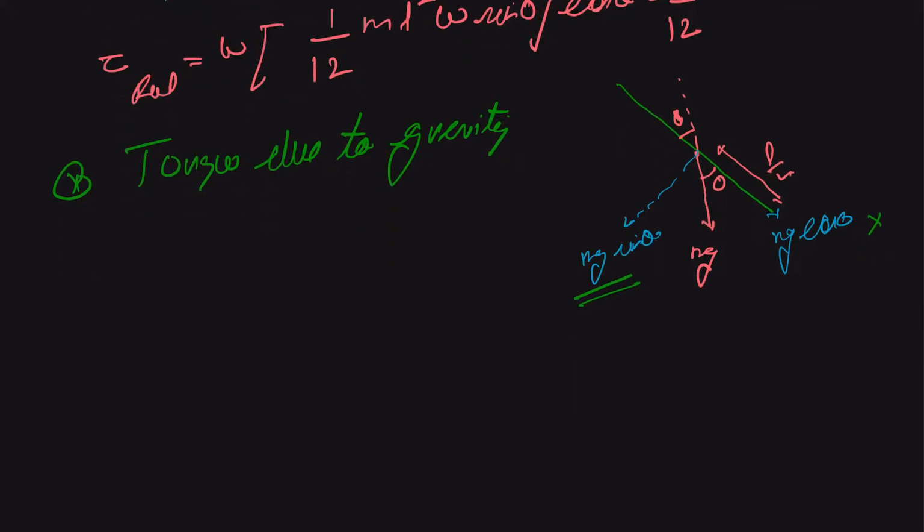Therefore we can say torque due to gravity, tau gravity, will be equal to our perpendicular distance, L by 2, times mg sine of theta. Okay.